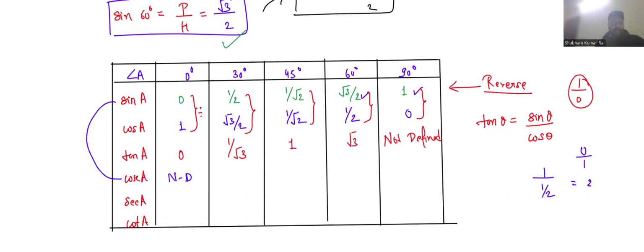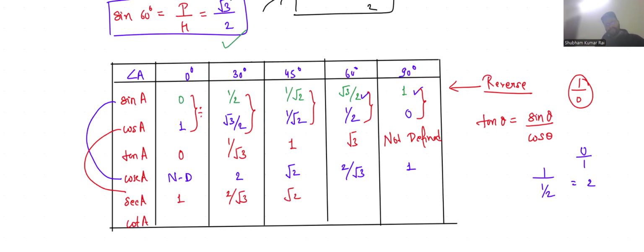So it will be 2 here, it will be root 2, it will be 2 upon root 3, and here it will be 1. Now, if we move further, what is the reciprocal of cos? That is sec. So we will just do the same thing. It will be 1, 2 upon root 3, root 2, and here it will be 2, and here it will be not defined, right?